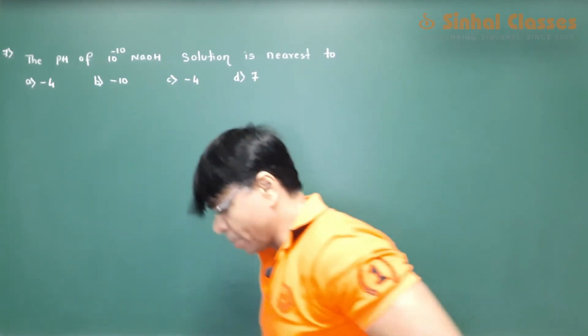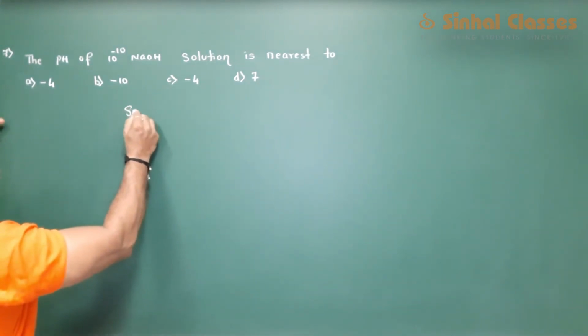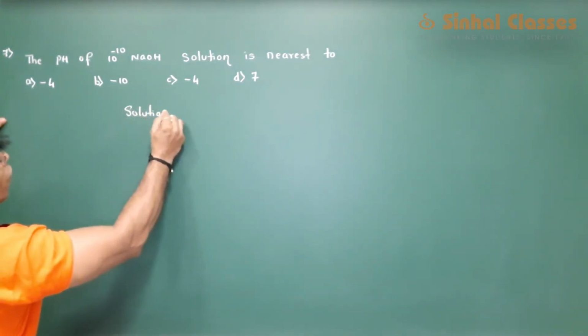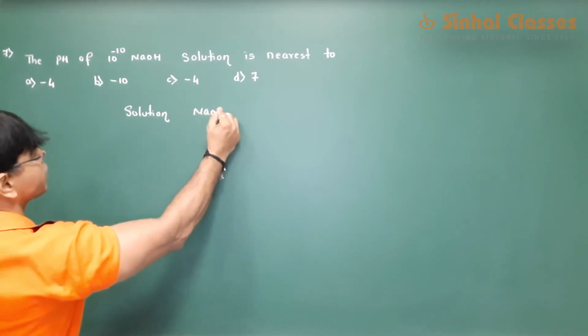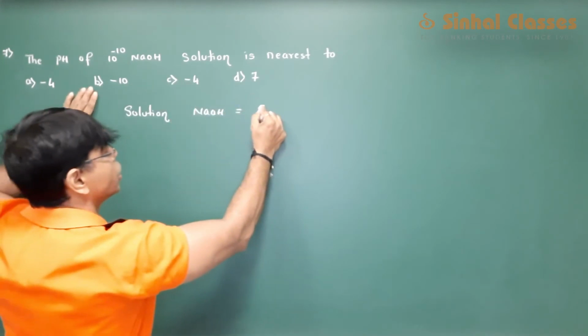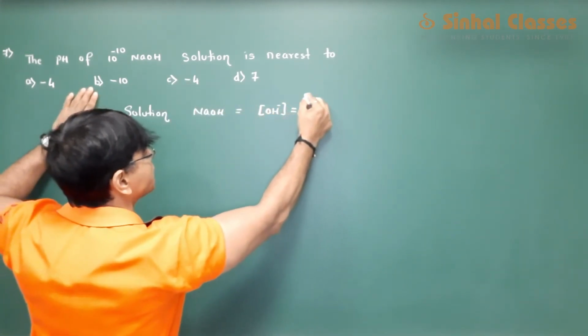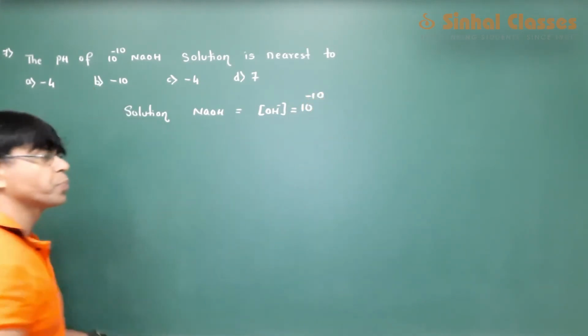Now, many times what will happen is, the concentration of NaOH is given as 10 raised to minus 10. So OH minus concentration is 10 raised to minus 10.